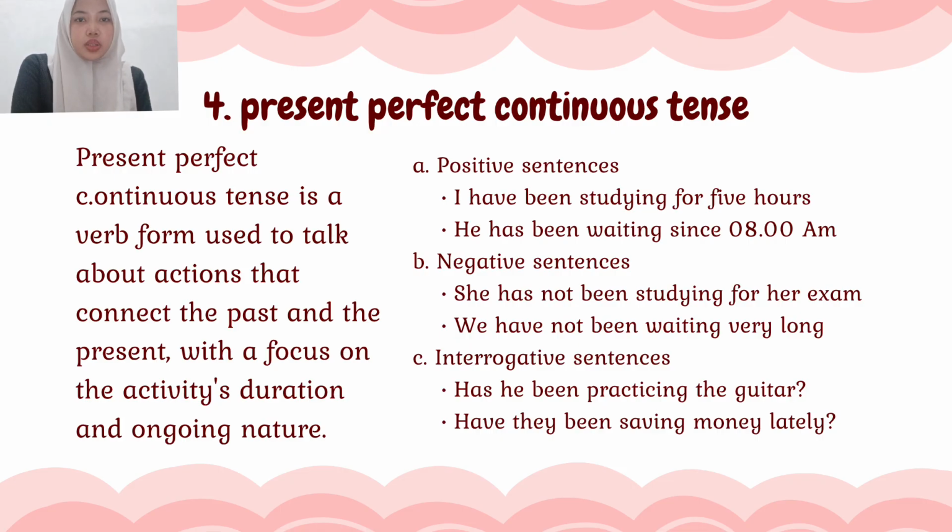And for example, in positive sentence, we have I have been studying for 5 hours and he has been waiting since 10 a.m. And in negative sentence, we have she has not been studying for her exam and we have not been waiting very long. And interrogative sentence, we have has he been practicing the guitar and have they been saving money lately?